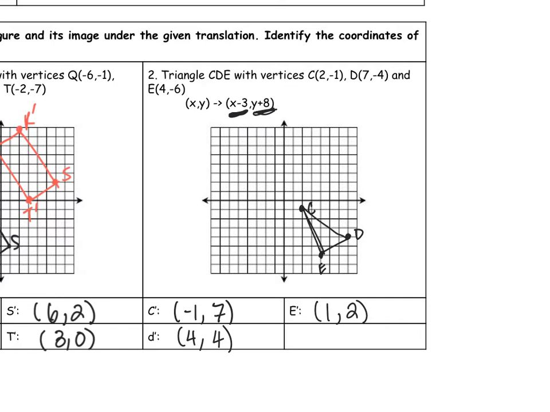Okay, and then we need our new triangle. So negative 1 and 7, 4, 4, and 1, 2. So that's our new figure, C prime, D prime, E prime.